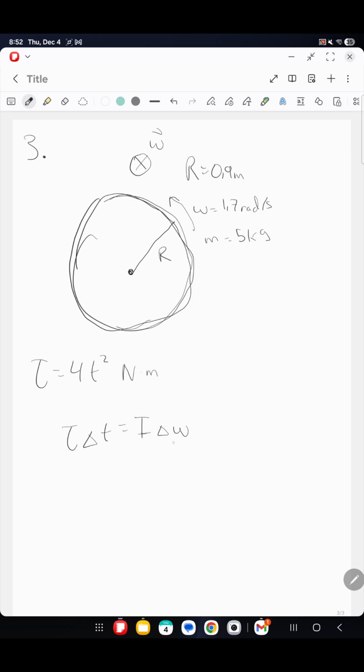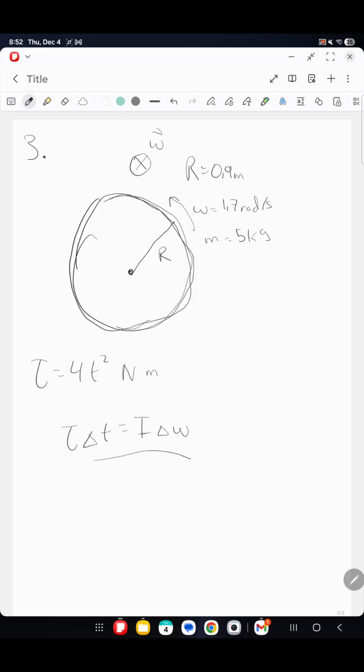How do we get this equation? Because torque is equal to I times angular acceleration, and you could write that as moment of inertia times varying angular velocity over time. And so you rearrange the terms to get this equation, which can help us.